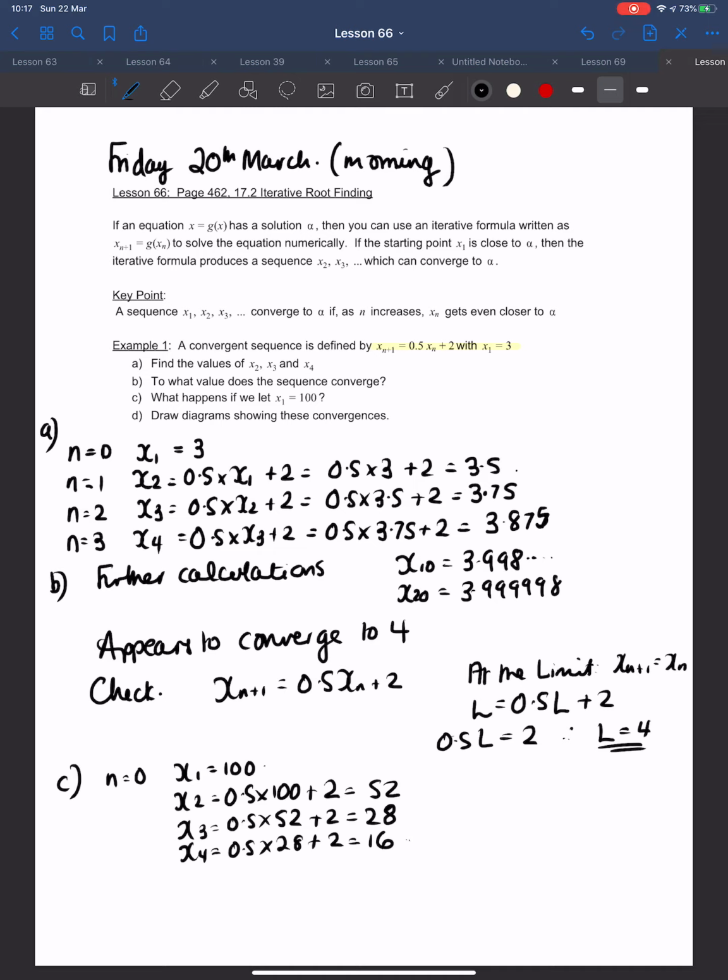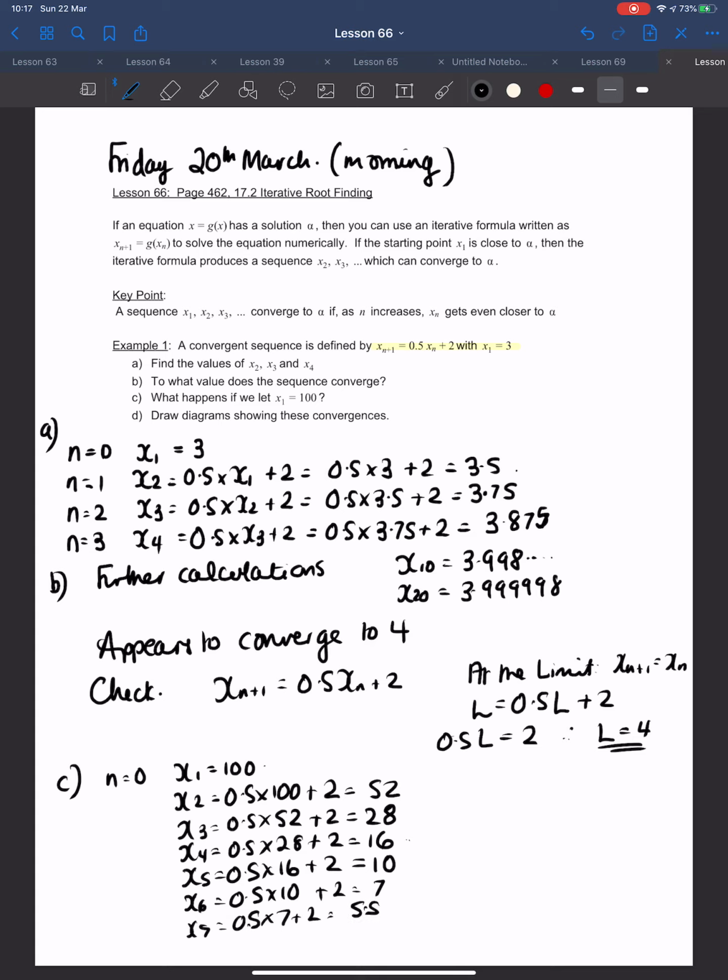So the next one, x5, half times 16 plus 2, which is 8 plus 2, which is 10, and then we half 10 plus 2, which is 7, half of 7 plus 2, 5.5.